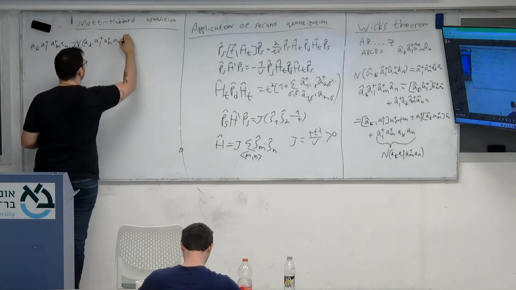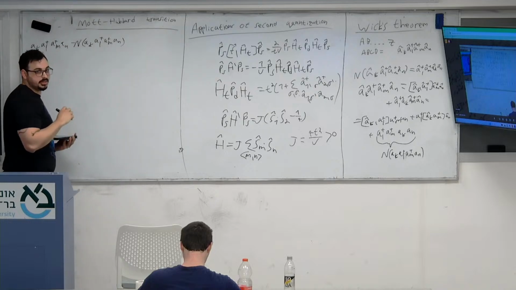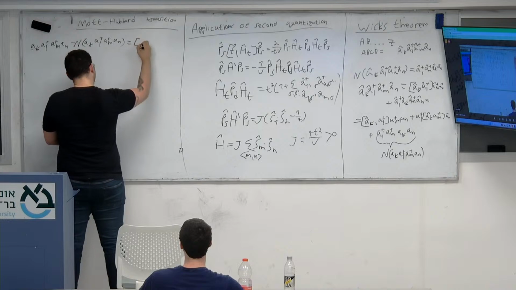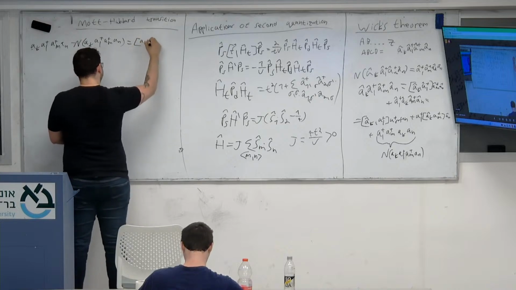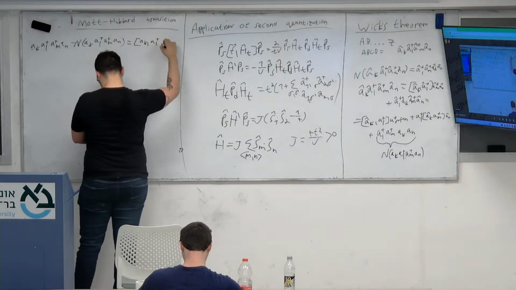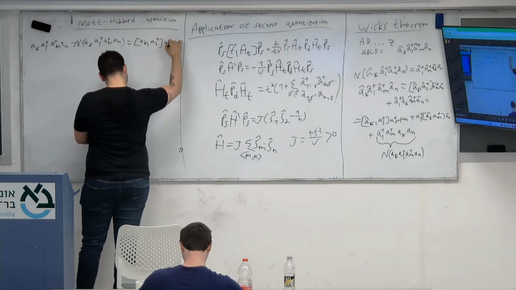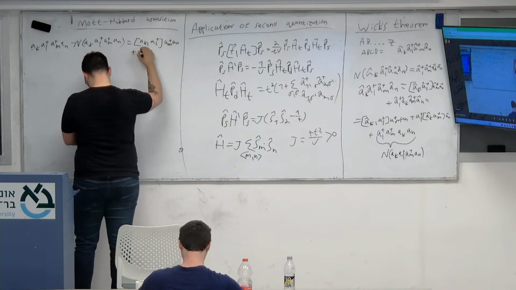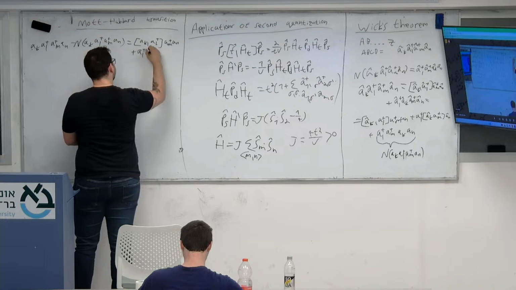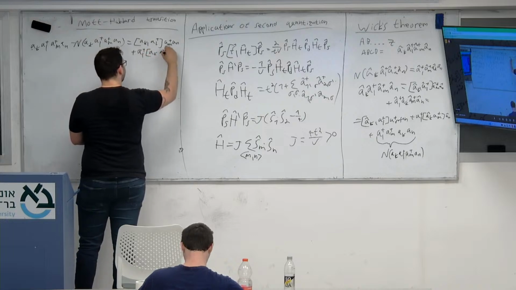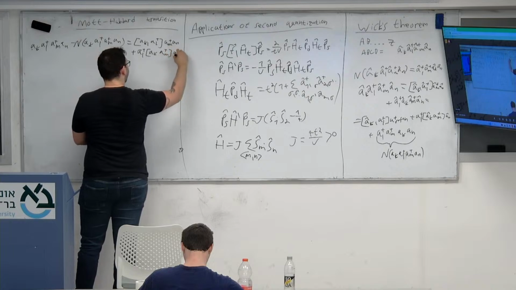I hope you all forgive me that I got tired of writing hats. It's the commutation relation: [a_k, a_l dagger] a_m dagger a_n plus a_l dagger a_k a_m dagger a_n.